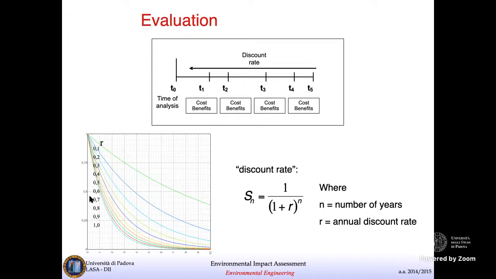The annual discount rate is often referred to by economists as the price of money, how much it costs to lend money. Of course, this is the most general, most used indicator of economic system performances.